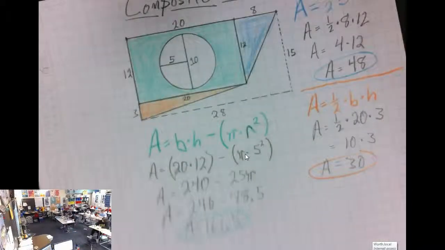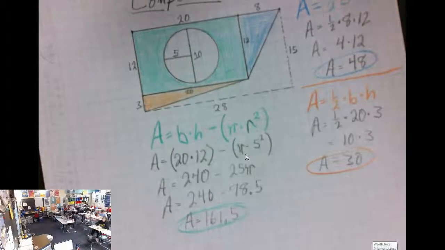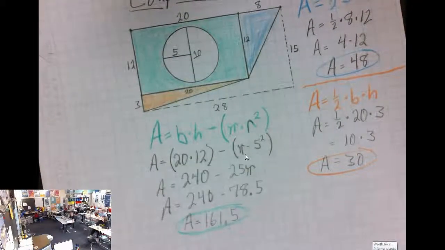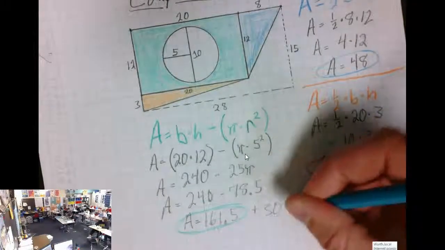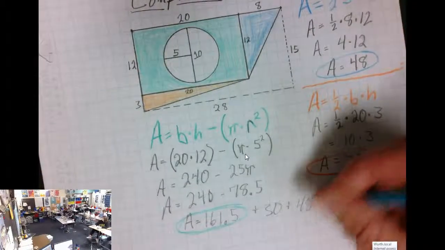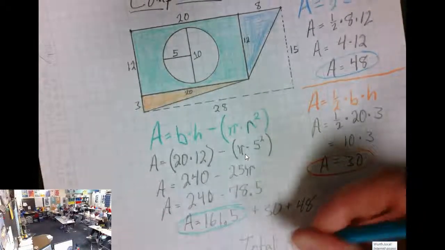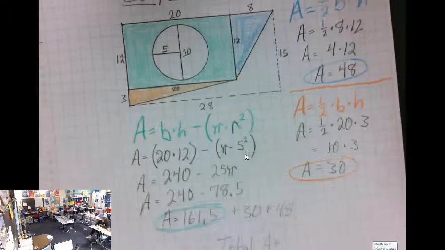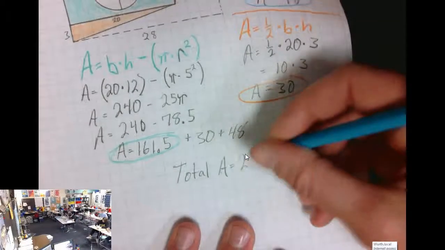We took the circle out, that is turquoise. So now how do I find the total area of the whole thing? Add them all up, we got to sum it. What do we get for the total? 239.5.